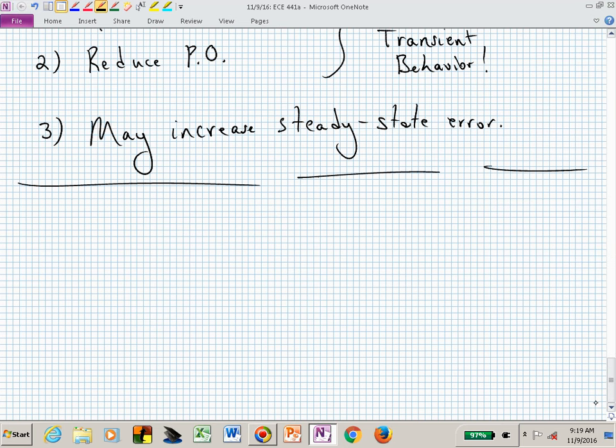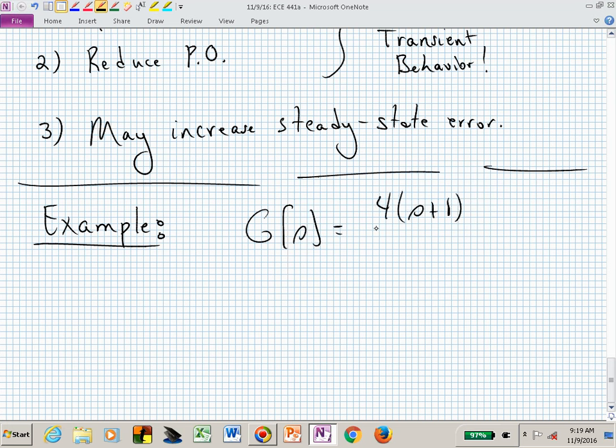Let's work through an example and see if we can build a phase lead controller to meet or satisfy our particular design specifications. Suppose we are given a system that has a real 0 at -1, it has a pole at the origin, and it has two more poles, and where are they located?